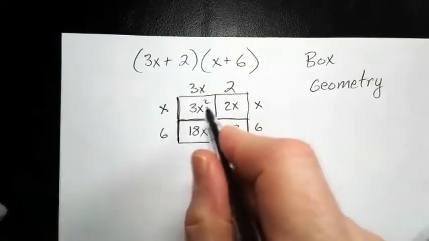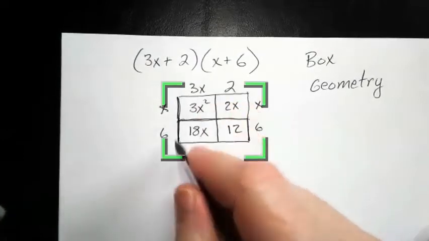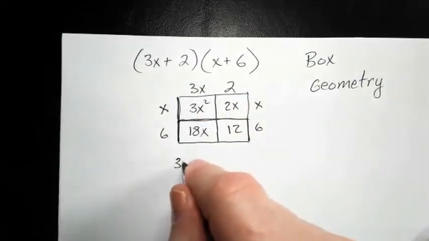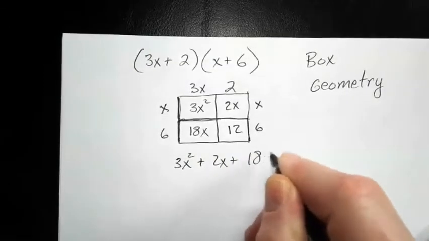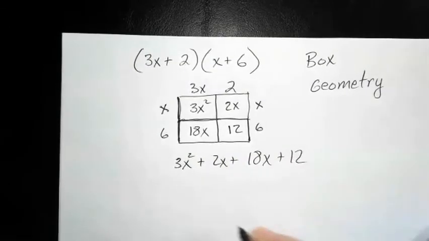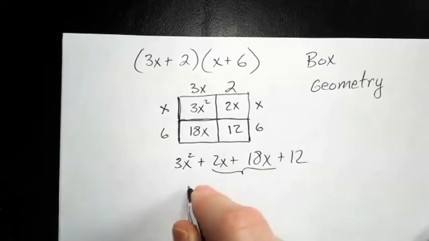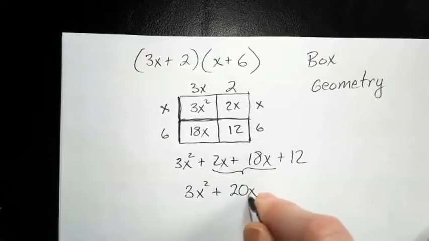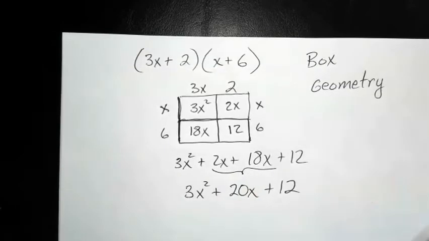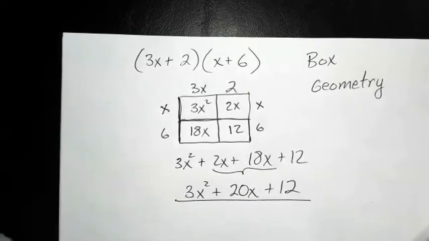Anyway, now here's our 4 terms, and we're going to just add these all up. So it's 3x squared plus 2x plus 18x plus 12. And here again, I've got these like terms in the middle that I add together, and there's my answer. Right? So that's called the box method.